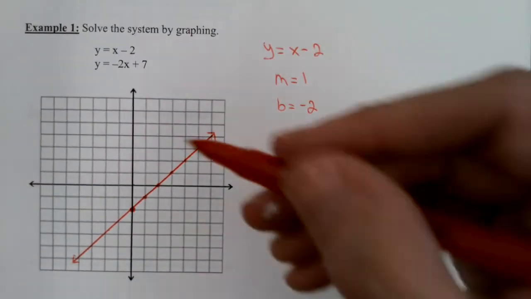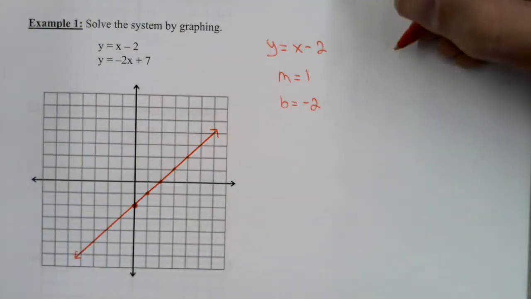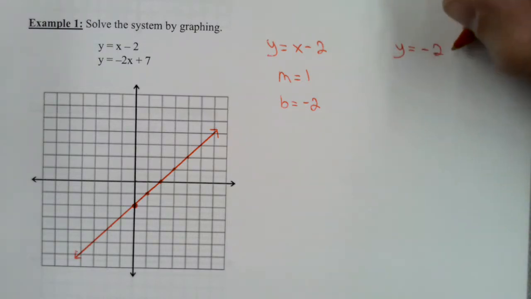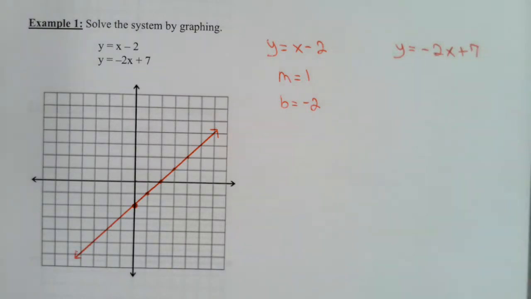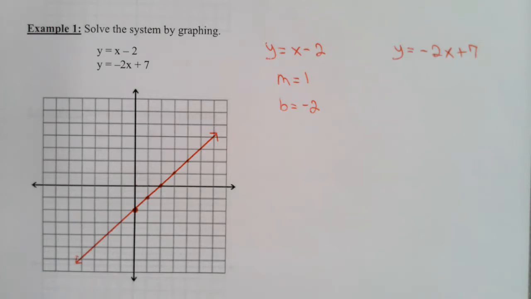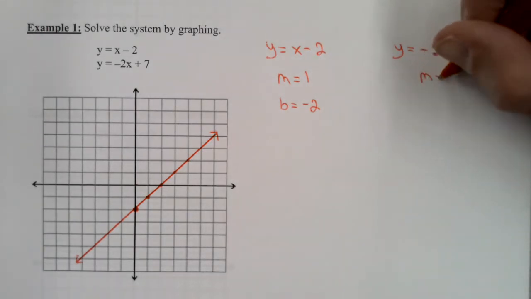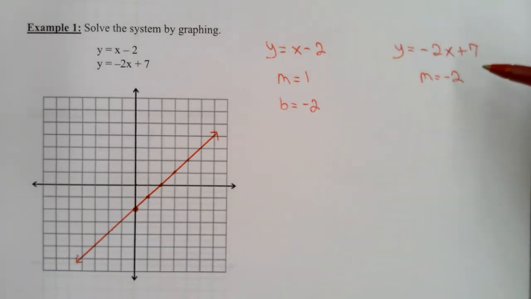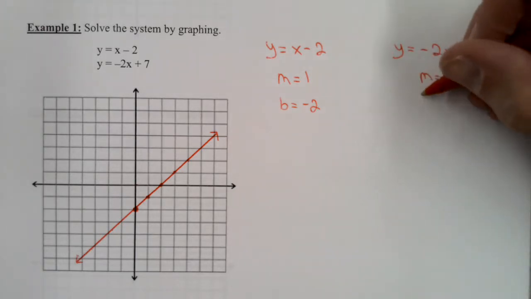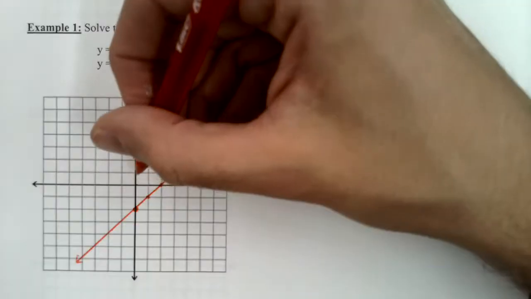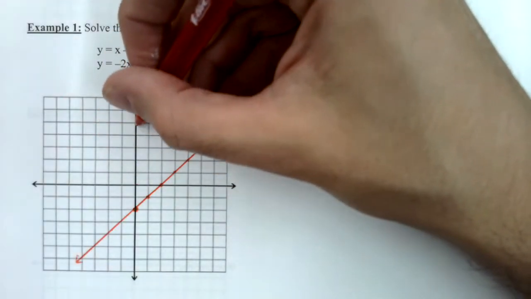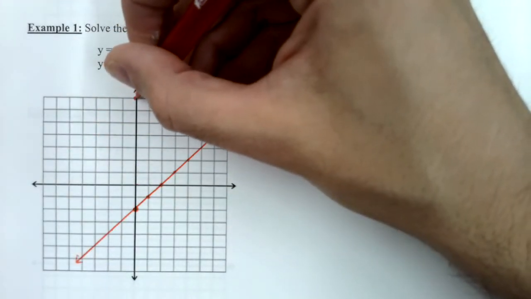Now on to the second line, y equals negative 2x plus 7. That is also in slope-intercept form, y equals mx plus b form. That's your slope, negative 2. That's your y-intercept, 7. So you graph the y-intercept first, 7.